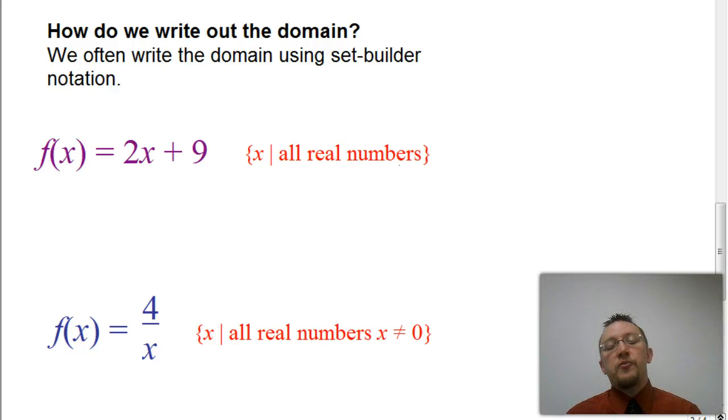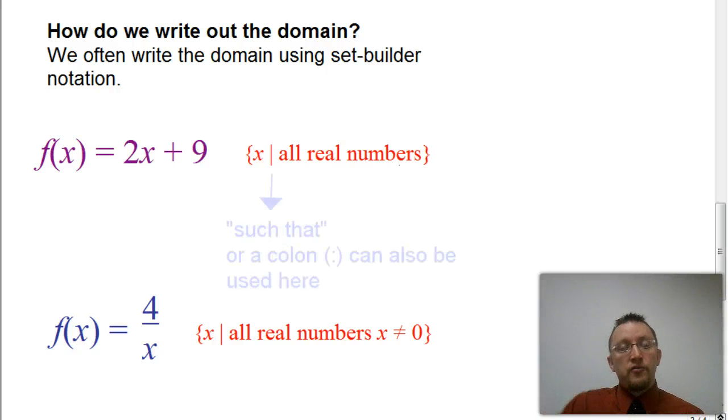Set builder notation. The reason we call it set builder notation is we're writing our answer as a set of numbers, and we identify a set using those little brackets. We start with the bracket on one side and close it off with a bracket on the other side. Since our domain is dealing with the numbers from the x's, we would start out saying that our set is taken from our set of x's, such that, that's what that vertical line means.